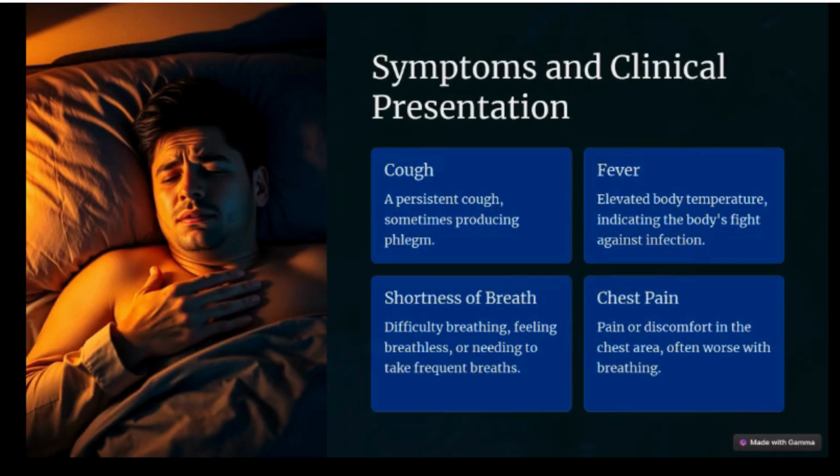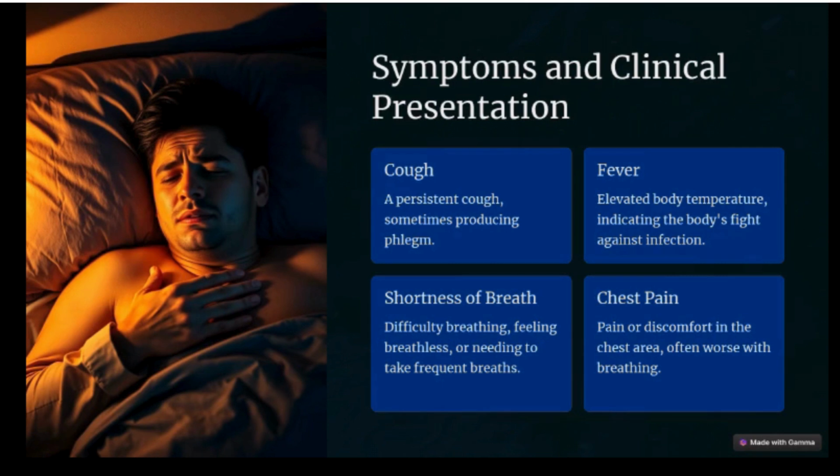Now a very important part, we'll see the symptoms and the clinical presentation. Common symptoms of pneumonia include cough, often a productive cough with mucus, then fever and chills. The cough is persistent, sometimes producing phlegm. Fever is an elevated body temperature, indicating the body's fight against infection.